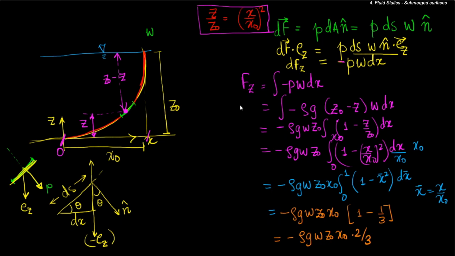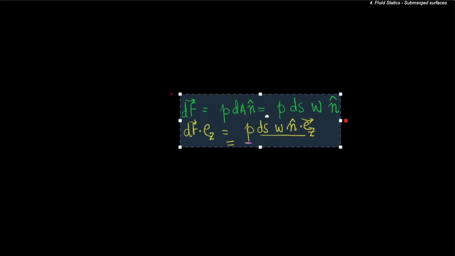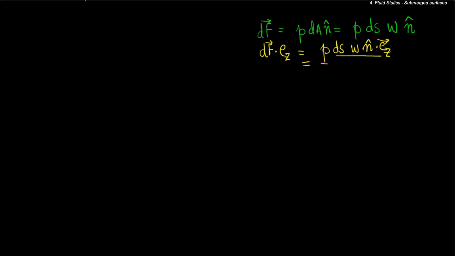What about the expression for the force in the x direction? It's very easy to do it if we use the same thing as a starting point. Instead of taking a dot product in the z direction, we will take a dot product in the x direction.